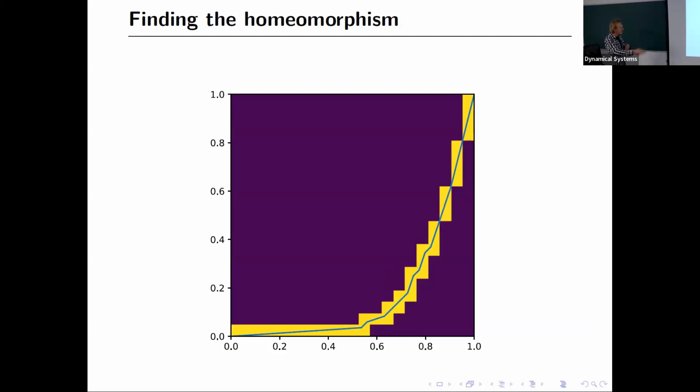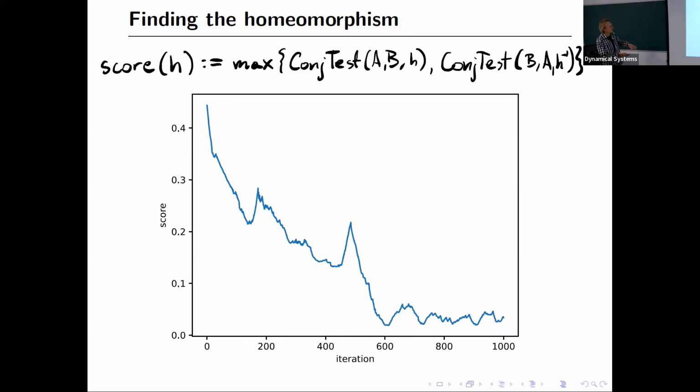And in each step, I'm changing a single cube that allows me to improve the conjugacy test score. And I'm doing it for example for 1,000 steps, and I see how the score is decreasing.